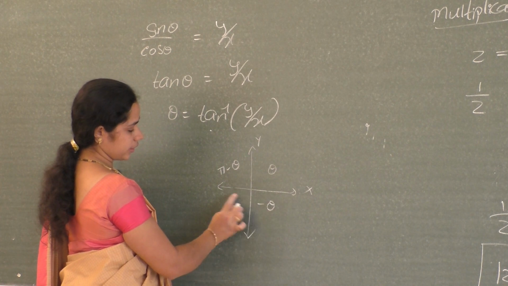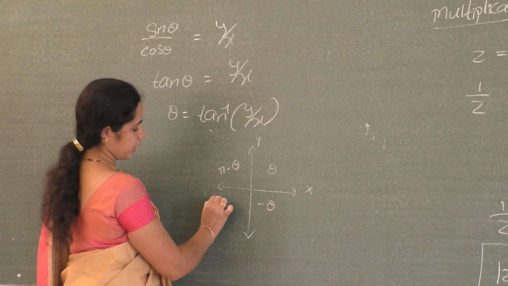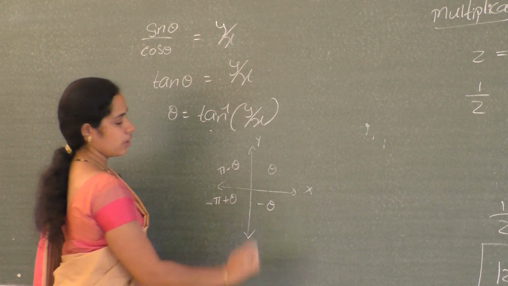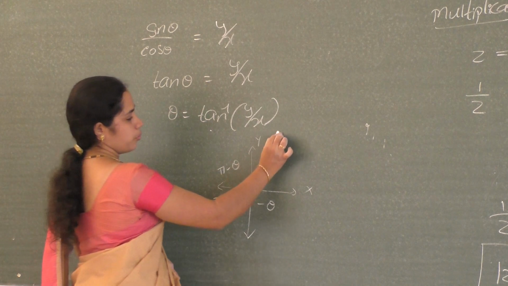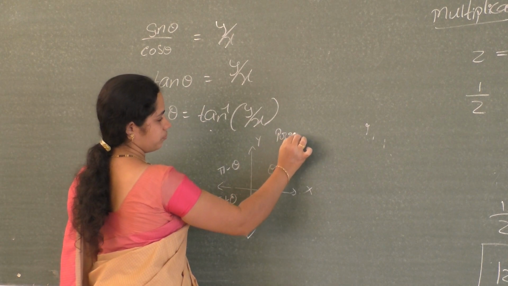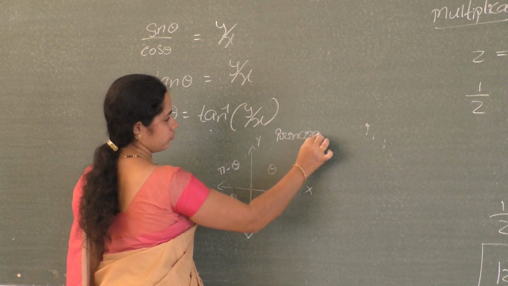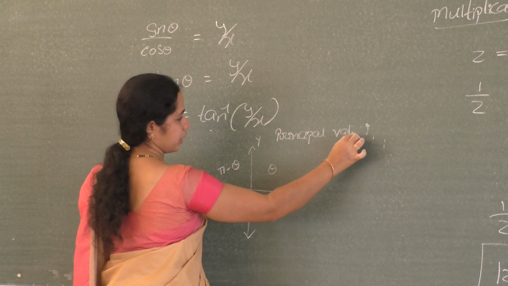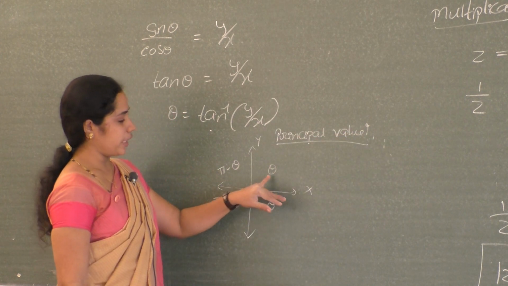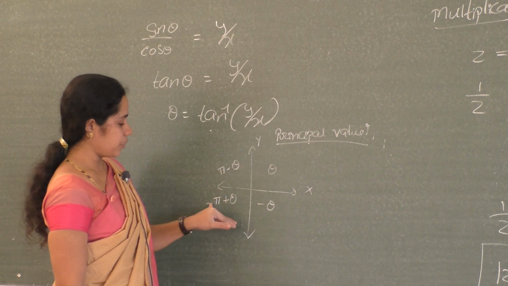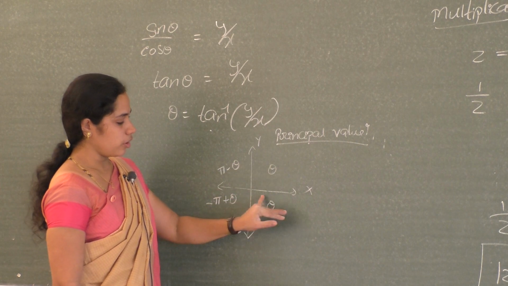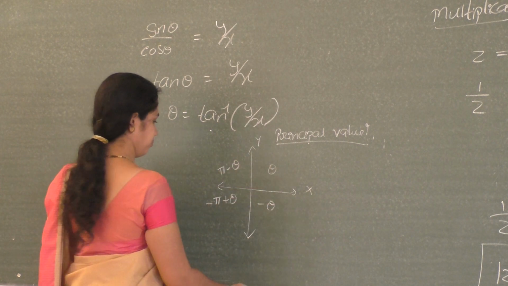If it is in the third quadrant, it will be minus pi plus theta. This is for principal solution. Or if you want the principal value, we need to apply theta, pi minus theta, minus pi plus theta, or minus theta.